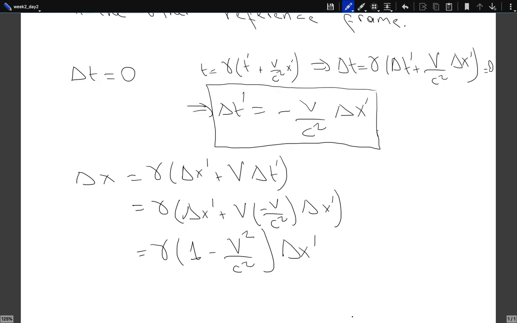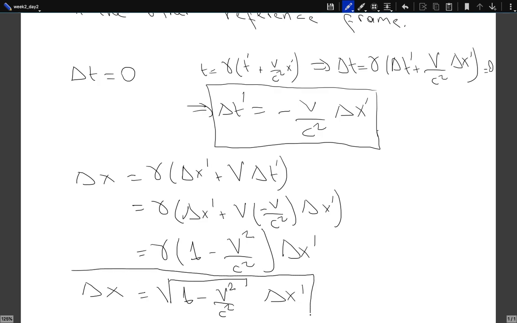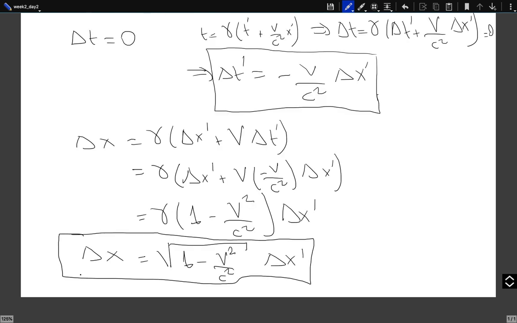And remember, gamma is nothing but 1 over the square root of that factor. So that tells me that delta x is equal to the square root of 1 minus v squared over c squared times delta x prime. Now we have the correct length contraction formula.